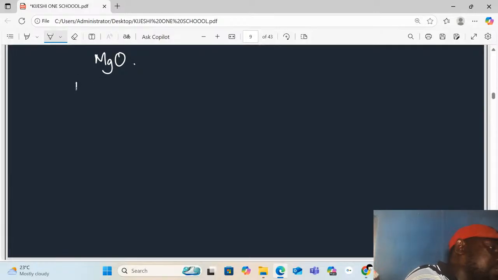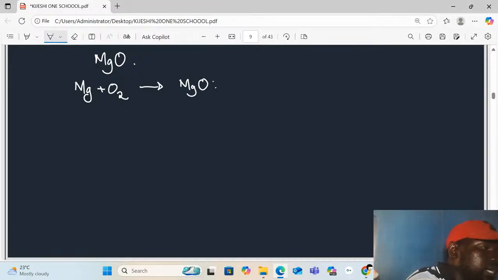So this is magnesium reacting with oxygen, and this is a gas, so that you can get magnesium oxide like that. If you look at it, then the equation is not balanced. Therefore, we can only balance by having 2 here and having a 2 here.